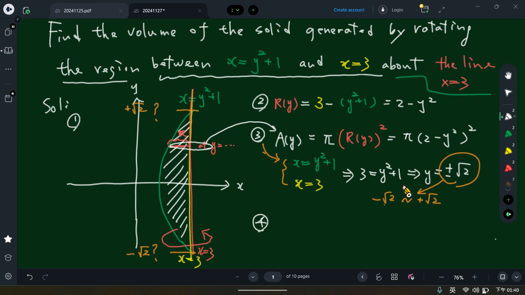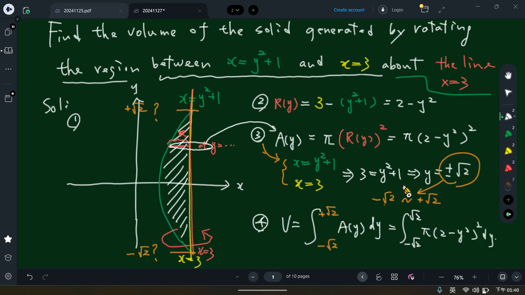The volume will be the integral from negative square root of 2 to positive square root of 2 of A of y dy, which is pi times 2 minus y squared, squared, dy. I skip the calculation, but I believe you can do it by yourself. Then the result is just like this one.